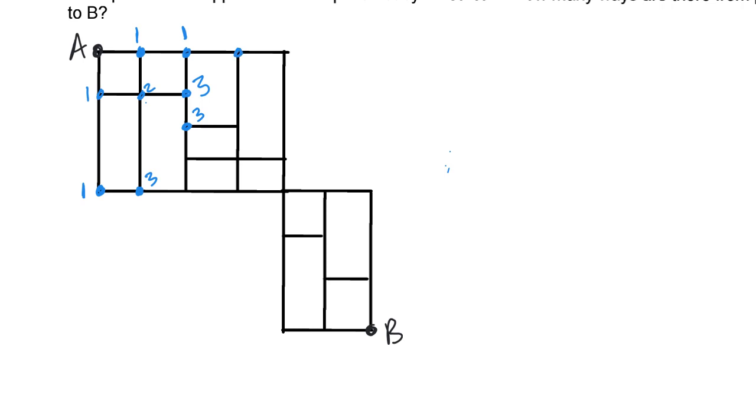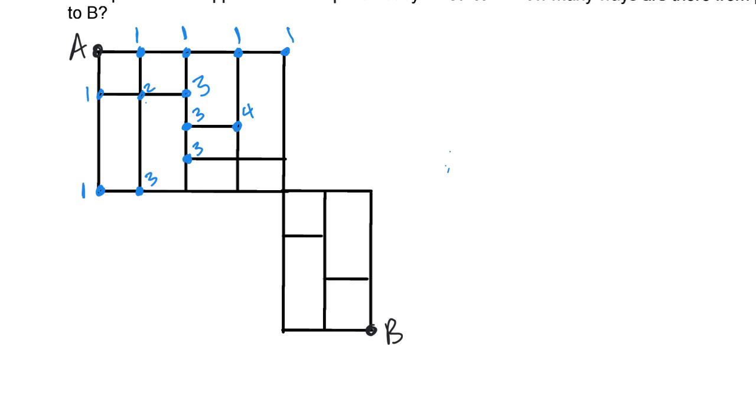To this spot here, it's only one way. For this spot, it's also only one way. Okay, so now to get to this spot in the corner, we have to add 1 and 3 to get 4. To get from here to here, there's only one way, because we cannot go from here to here and add our path. Okay, so now this is also 3.